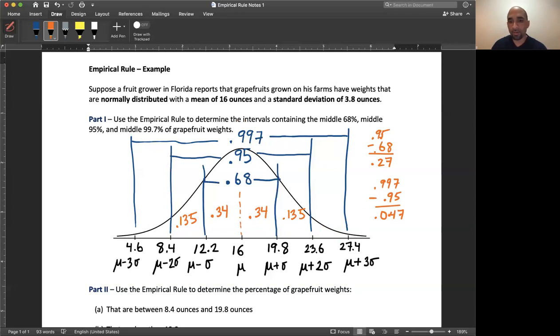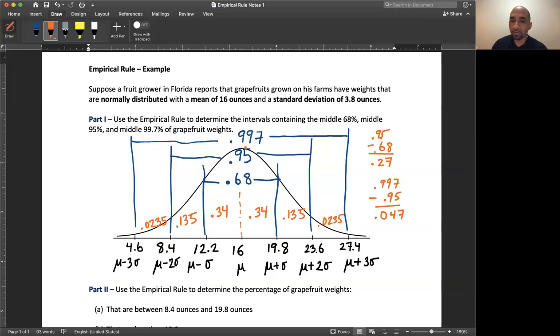Well, if we divide that into two equal parts, we get 0.0235. So this subinterval contains 0.0235, or 2.35%, and this subinterval contains 0.0235, or again, 2.35%. The sum of all of these orange percentages will give us 0.997.